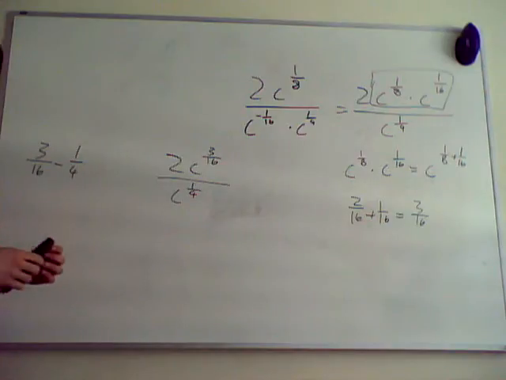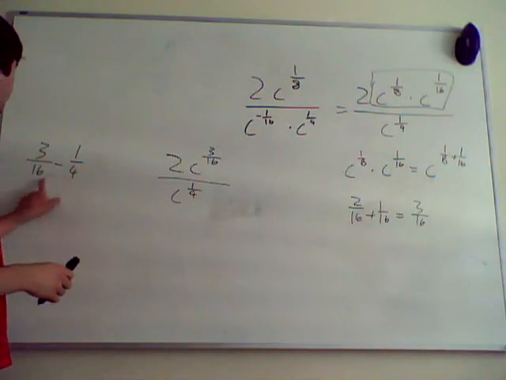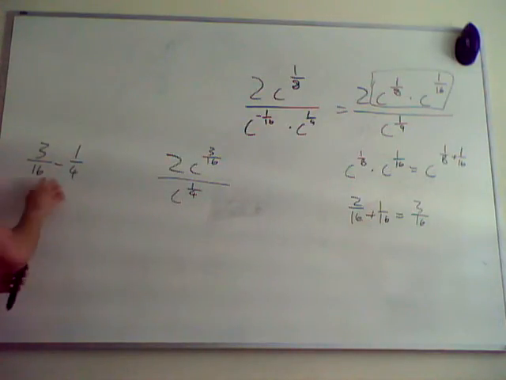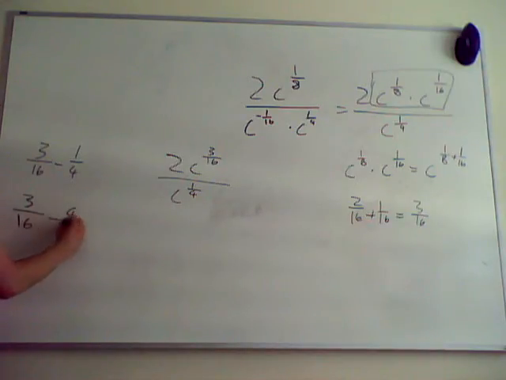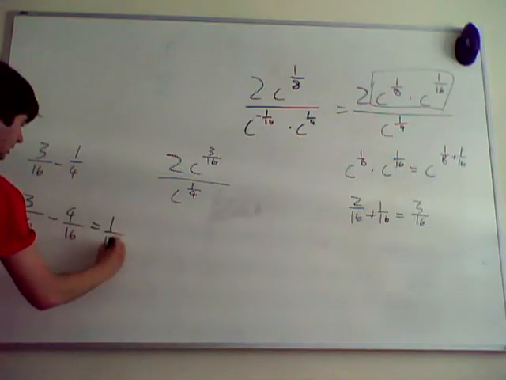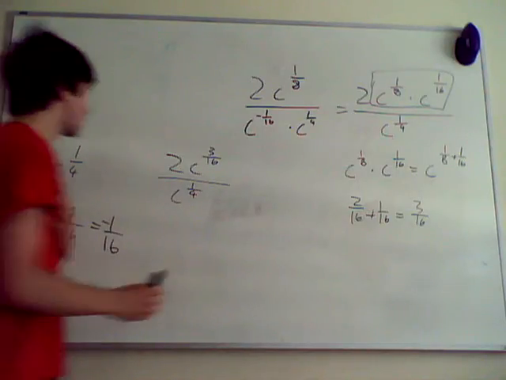Now this is messy fractions. What you do is you get the denominators to be the same. So 4, you just multiply by 4, so you get 3 over 16 minus 4 over 16. Okay? So that equals negative 1 over 16.